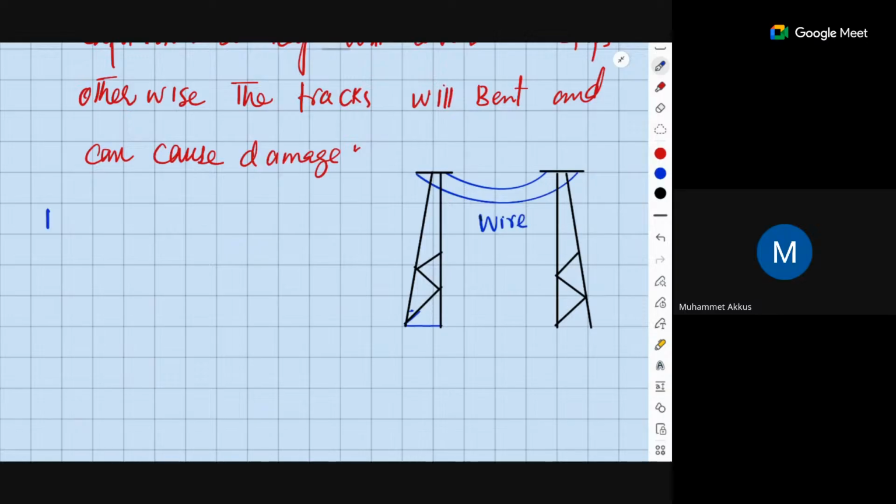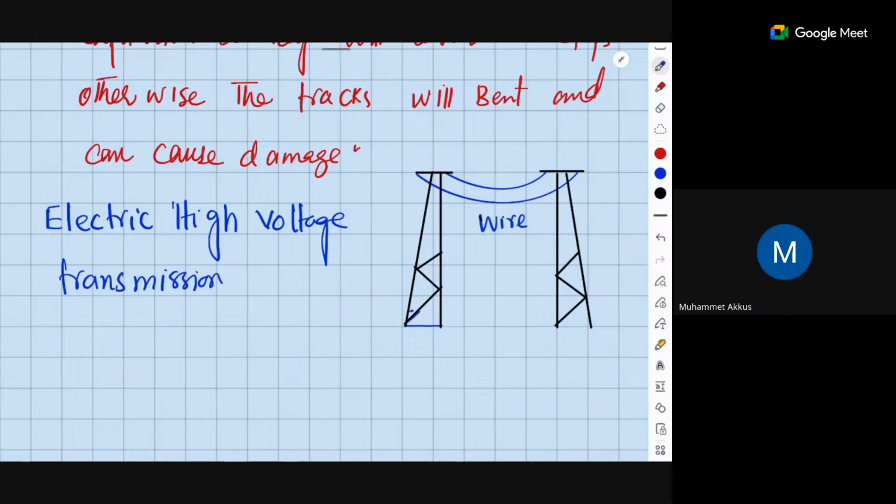So in winter, high voltage transmission lines have a sag, especially in cold areas.